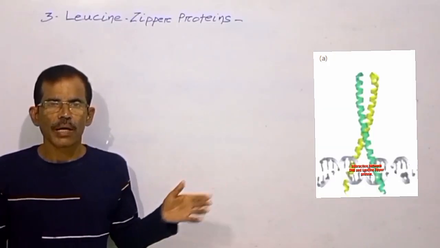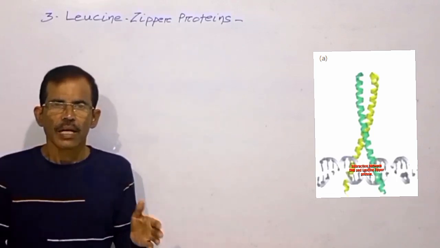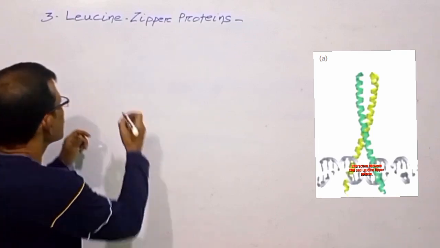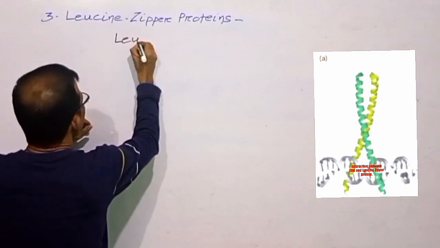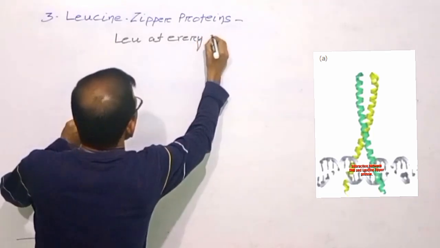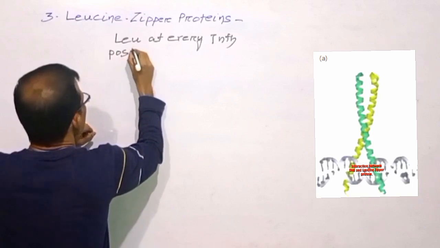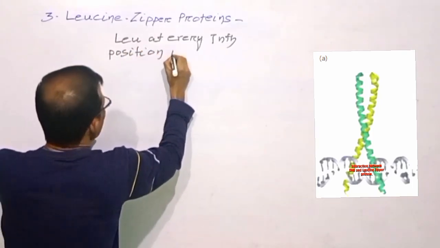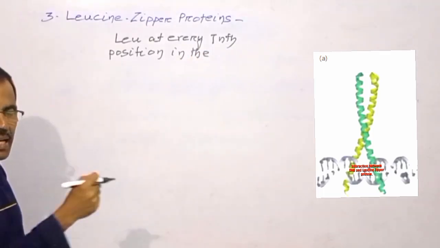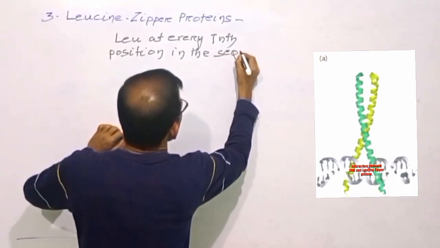Another class of DNA binding proteins is leucine zipper proteins, which have a different type of structural motif that contains the hydrophobic amino acid leucine at every seventh position in the sequence. The structural motif is known as the leucine zipper, and the proteins that have this type of motif are known as leucine zipper proteins.